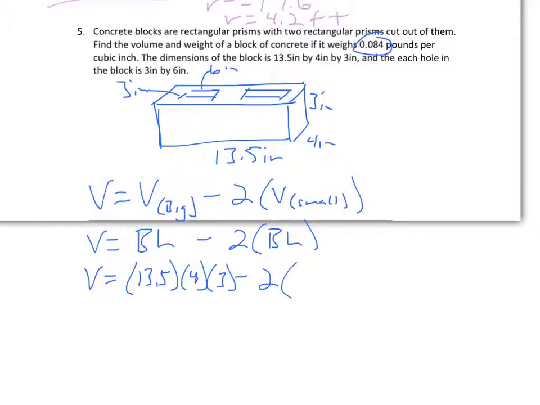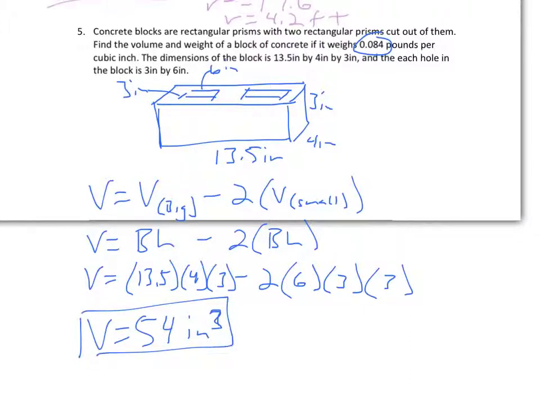And of the small ones, the length is 6, the width is 3, and the height is, again, 3. Those holes go all the way through top to bottom. So we could just do this multiplication and subtraction: 13.5 times 4 times 3 minus 2 times 6 times 3 times 3. And we get the volume of the whole thing is 54 cubic inches.